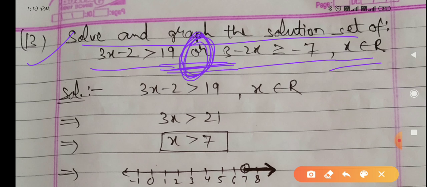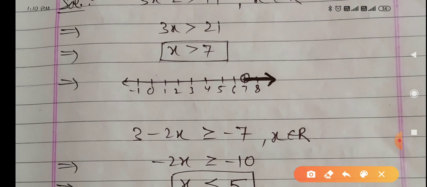Now you see the first inequation, 3x minus 2 is greater than 19, x belongs to real numbers. 3x is greater than 21, x is greater than 7. You can see the number line: at 7 a hollow circle because the equal to sign is not there, and the full portion greater than 7 is dark.